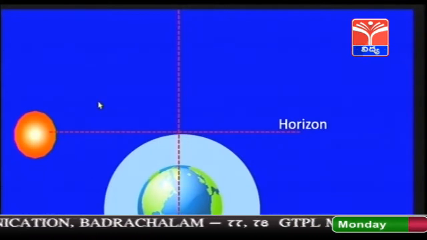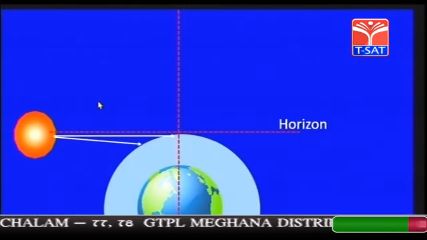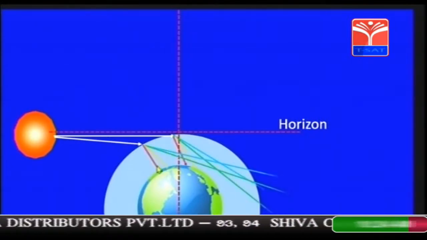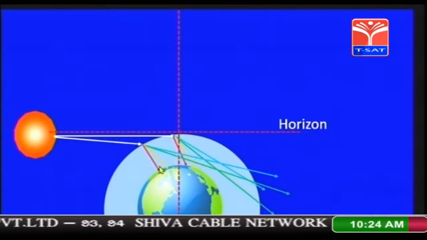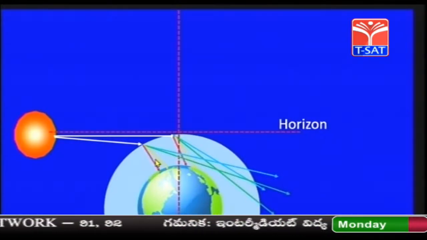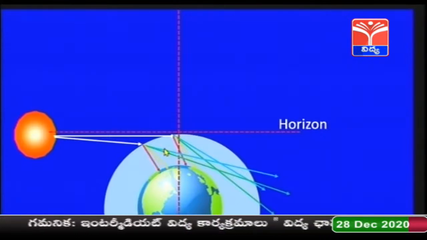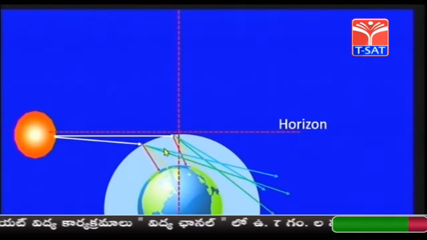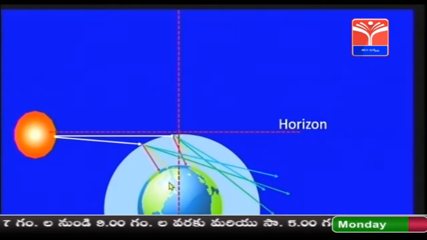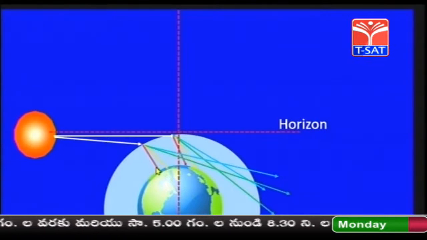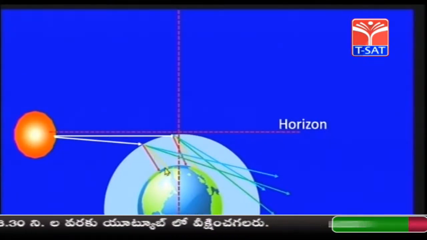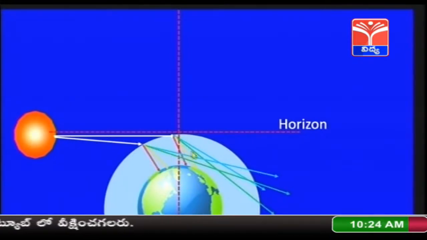When it is near the horizon, the light rays coming from the sun enter the atmosphere and get scattered. The red and orange region light rays reach the earth, and the remaining blue region light waves escape from the atmosphere. So here we are receiving only red region wavelengths, that's why the sun appears red in color, and the remaining colors escape from the atmosphere.